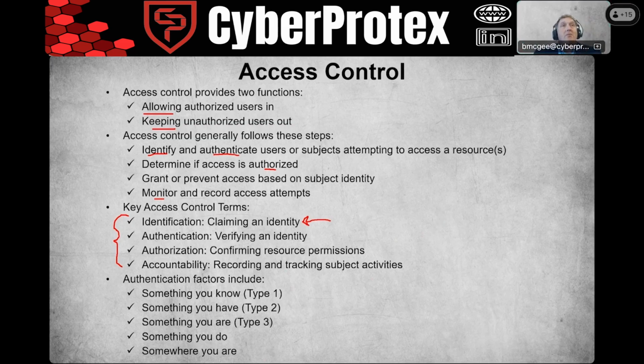And there are different types of ways that we can do that. There's type 1, type 2, type 3, which are something you know, something you have, and something you are, or something you do and somewhere you are. And so these come to life whenever we start to really hunker down into the bowels of access control. Let's talk a little bit about these.